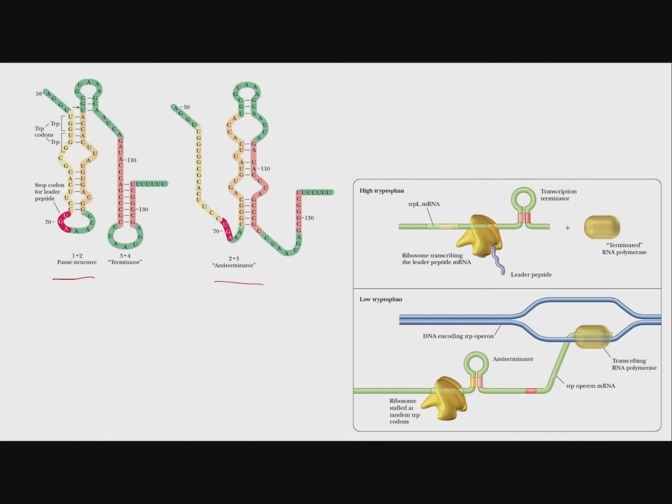If you already have a lot of it, it's going to get incorporated almost instantly. When you're making your peptide and you get to the part on the code of the mRNA that says put a tryptophan here, if you have a tryptophan, you're going to be able to stick it in pretty nicely and pretty quickly. That means you're not going to have a slow ribosome. Your ribosome is going to be going pretty fast.